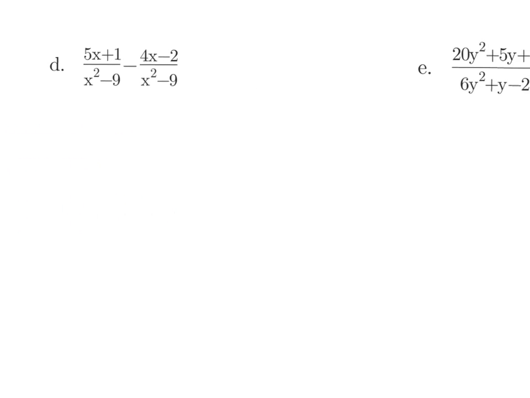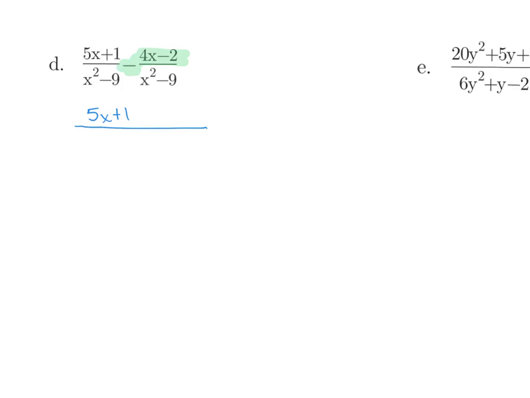All right, if we look at example D, the first thing I want to do is combine into a single fraction. One of the things that we do want to be careful about here is we want to make sure that we apply our negative to all of the terms in the second fraction.